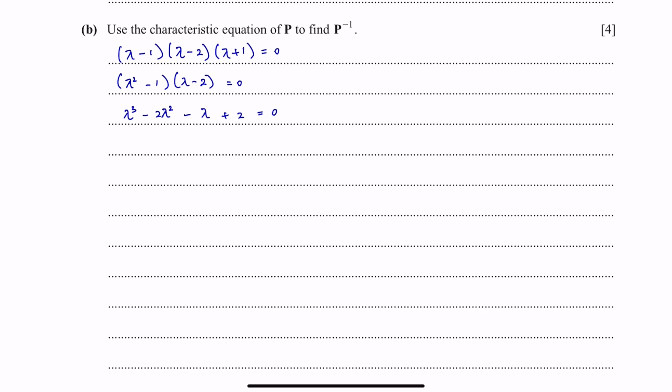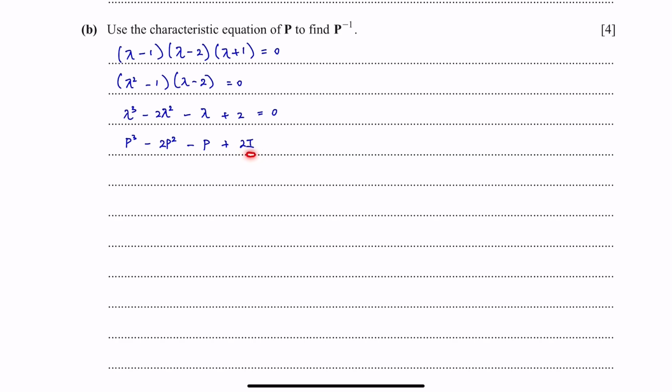And we can now sub lambda as P. So we have P cubed minus 2P squared minus P plus 2I. Since this equation is in terms of matrix, we need the I here.